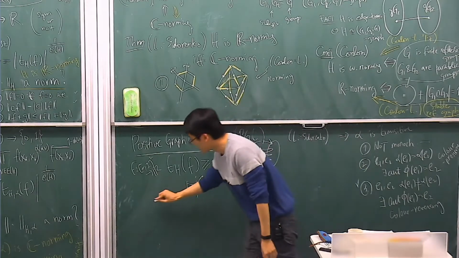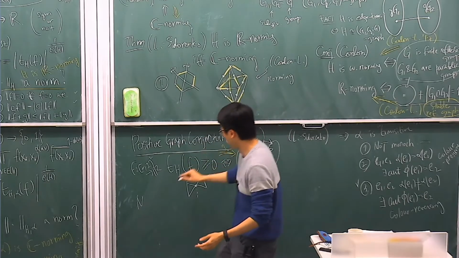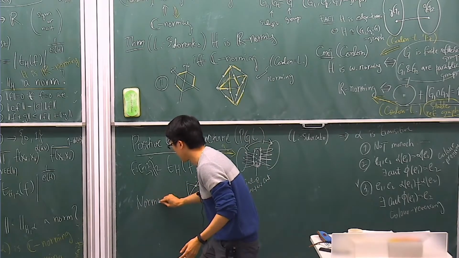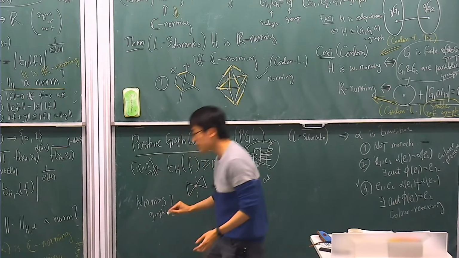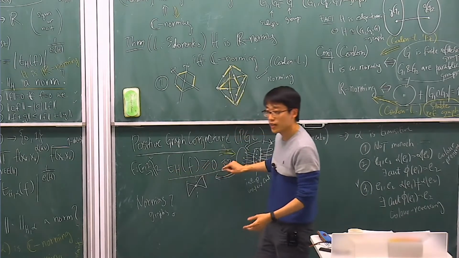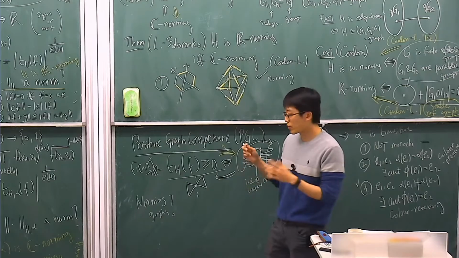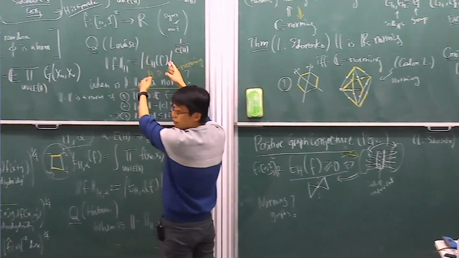So one important question here, which was mentioned in this paper, is what about norming graphs? Norming graphs are known to have this property actually. Whenever you take any function f, in fact you don't really have to take the absolute value here.